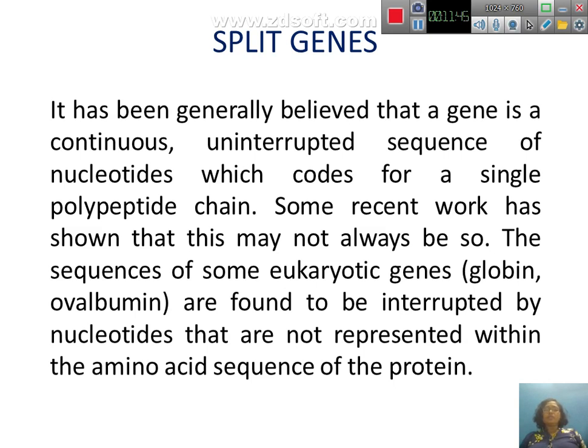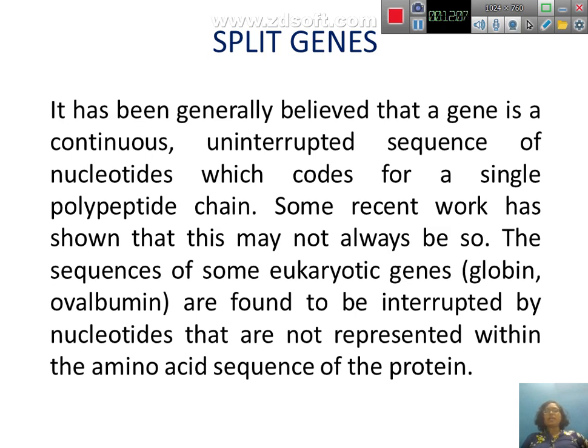So we have altogether seen this. Now we will see the examples one by one. It is generally believed that a gene is contiguous, continuous, without any interrupting sequence, but in split genes you have interrupting sequences, which you call introns.